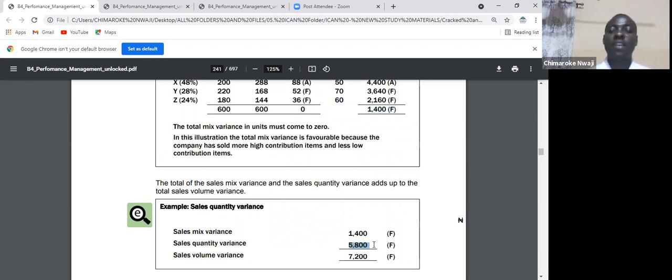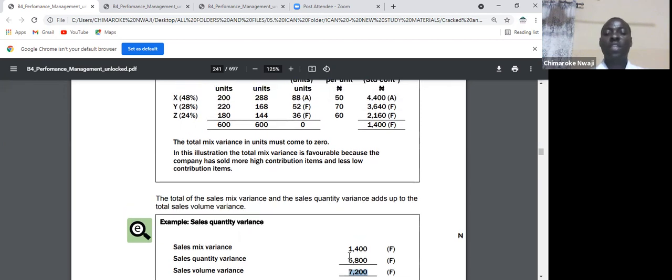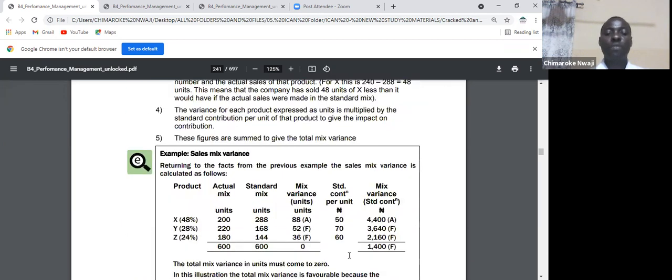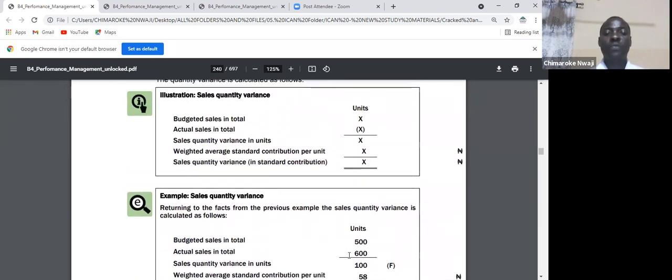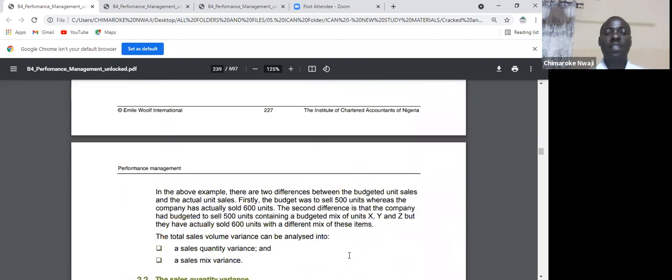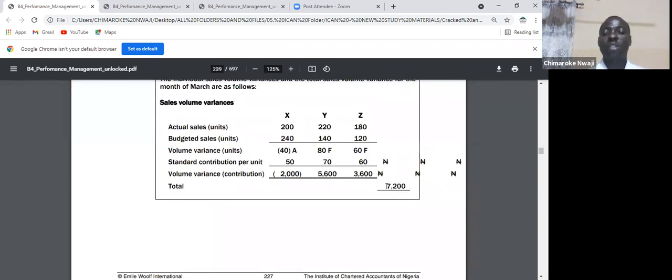When you add them together, that gives you your 7,200 total volume variance, which we got before when we started these equations. 7,200 favorable.